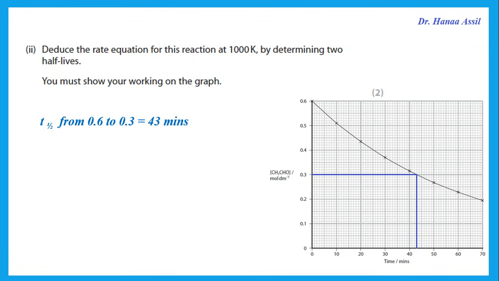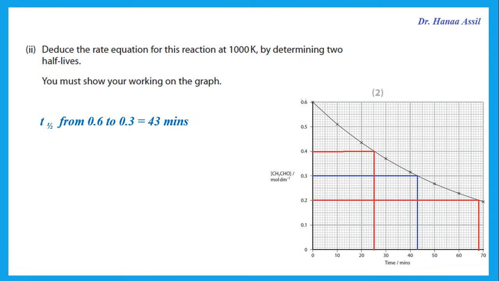Now I need a second half-life, and to get a second half-life I have to start from something else and get half of it. So for example, if I start from 0.4 and get half of it, how long did it take for it to go from 0.4 to 0.2? It's exactly the same half-life.